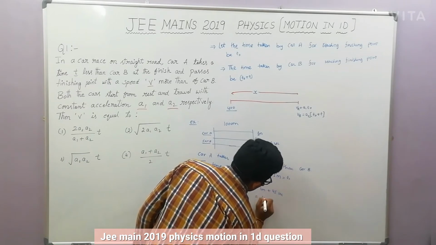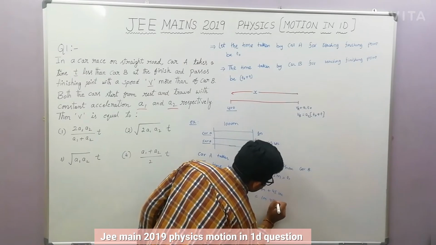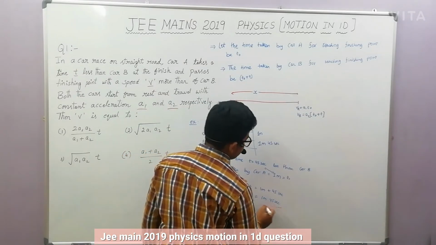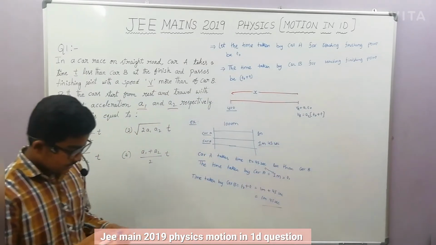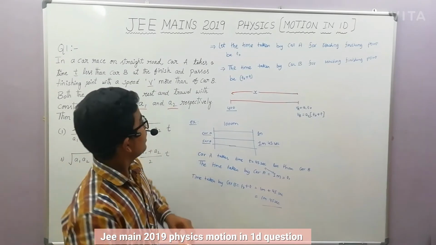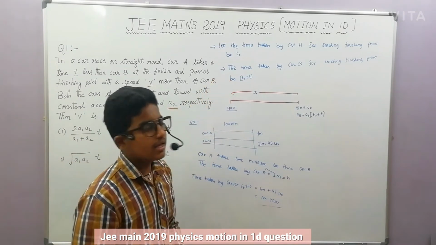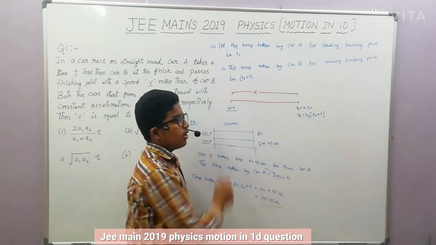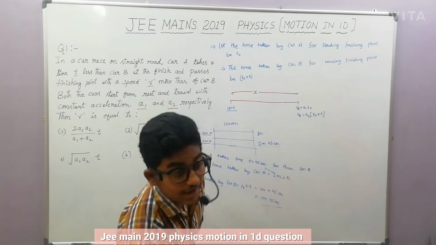Then I will get 1 minute 45 seconds. Yes, hence proved. So in this manner, I took the time taken by car B as t naught plus t. I hope you understood.